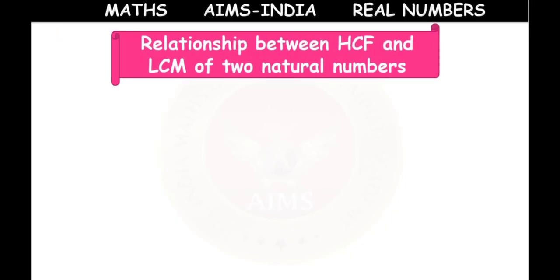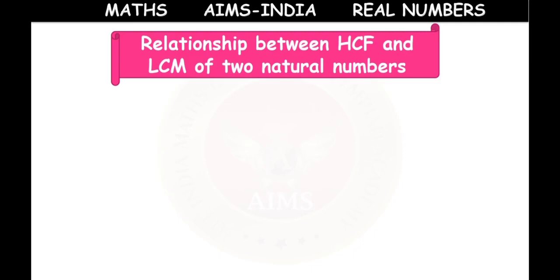Next concept, children. Up to now we have learnt the fundamental theorem of arithmetic and some theorems related to it, and some example problems we have seen. So the next concept is the relationship between HCF and LCM of two natural numbers.